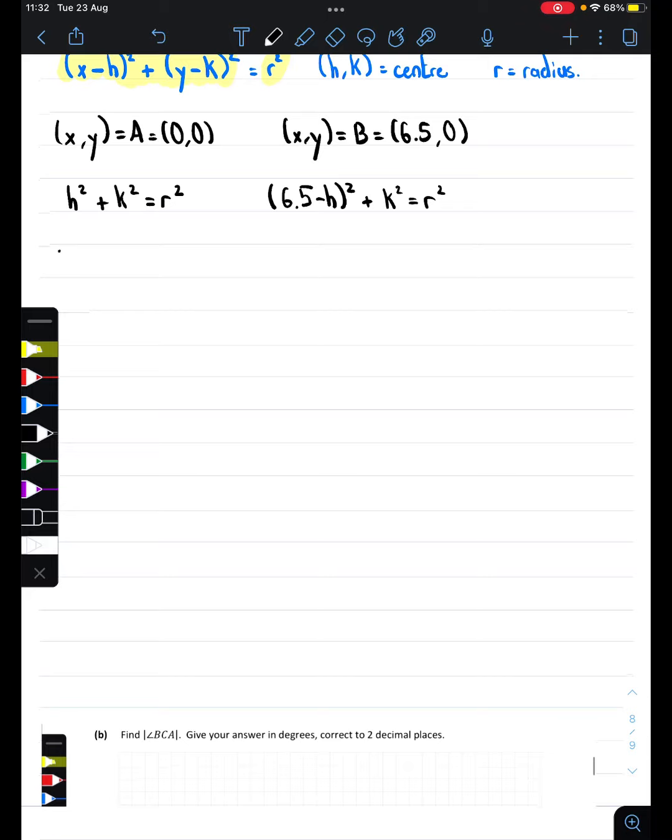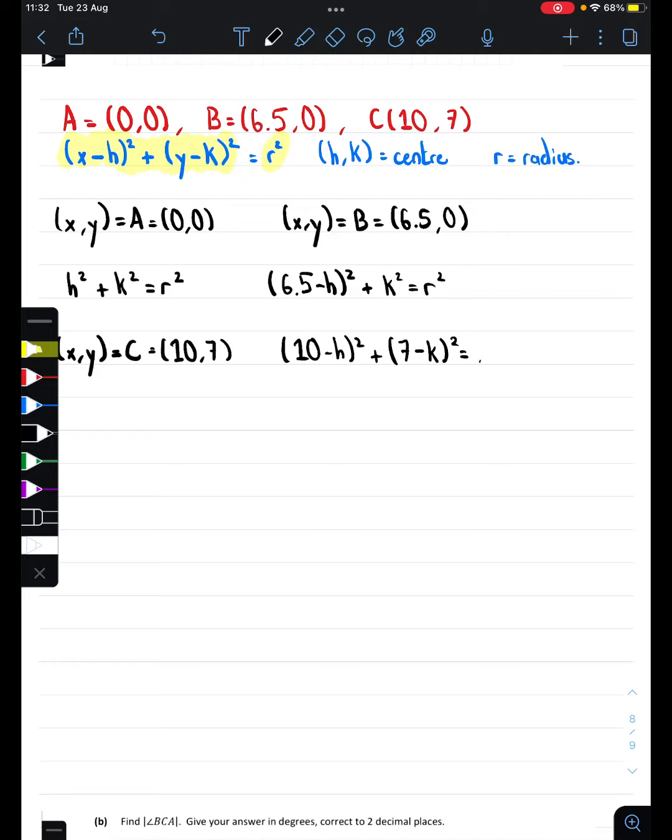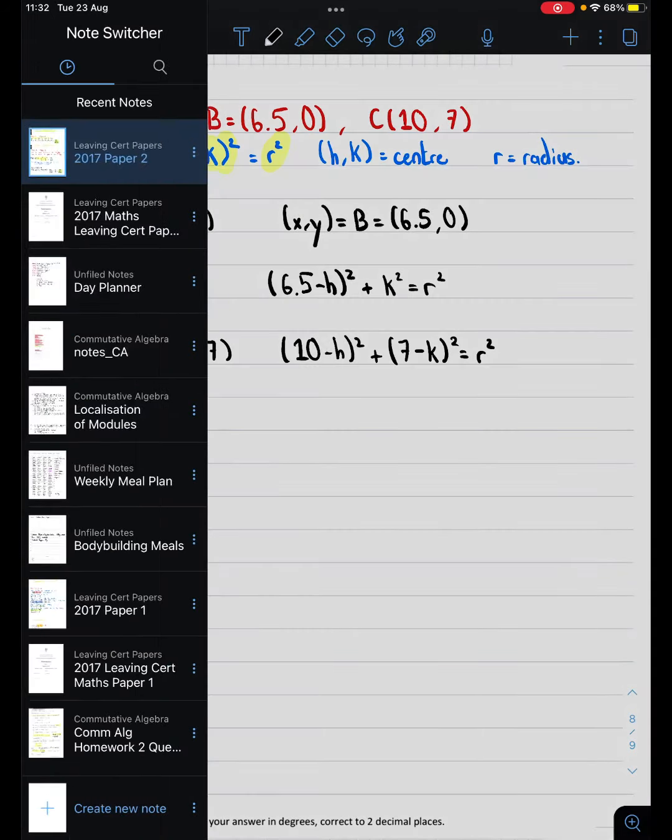And then finally, if we let x and y be C, which is 10, 7, then we should get that (10 minus h) squared plus (7 minus k) squared should equal the radius squared.